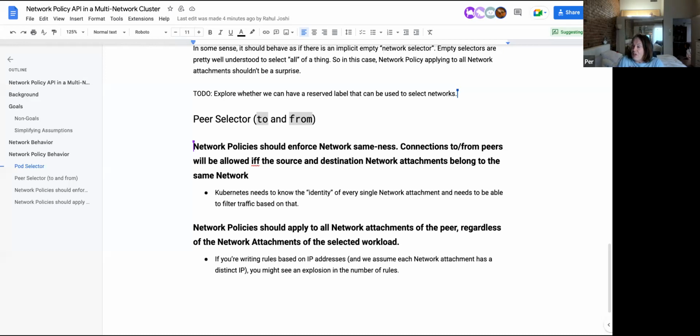The problem if you have different CNIs is that you might have different implementations owning different networks. Will you have two network policy implementations then? I don't know. I think you only want to have one in a system. It's tricky, and it changes the core of how things are done today.